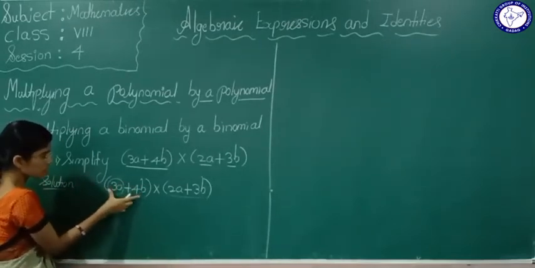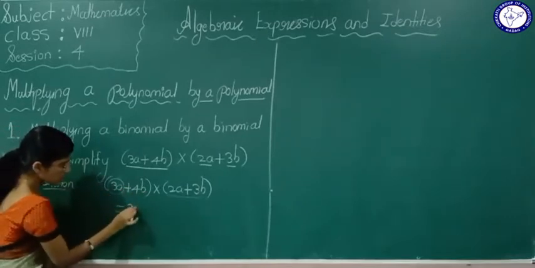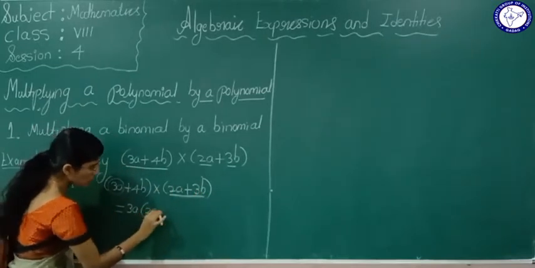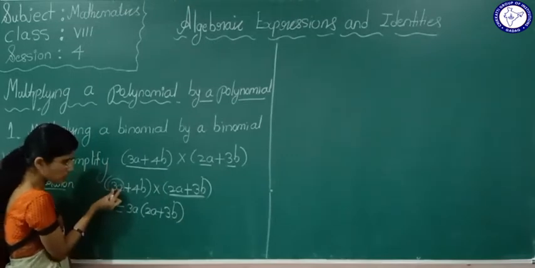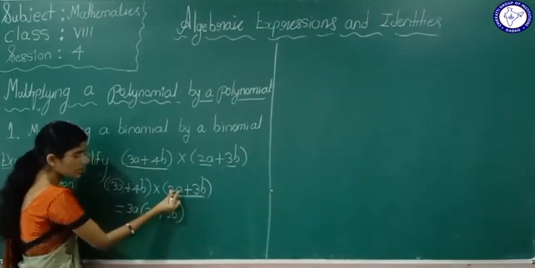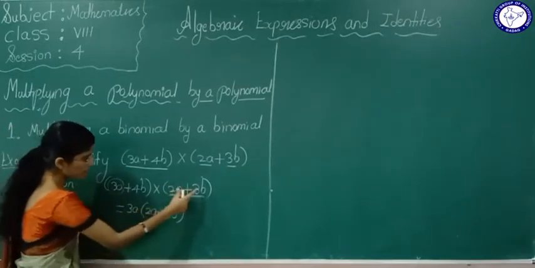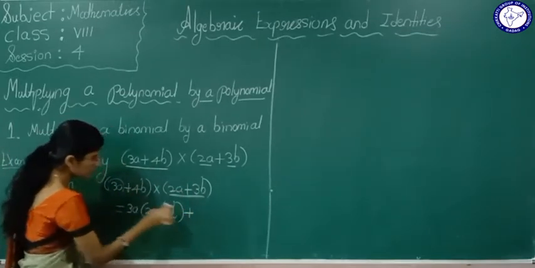Now this is one binomial, right? Here 3a is one term. This 3a I am multiplying with this, that is 2a plus 3b. Each term of the binomial you have to multiply with each term of the other binomial. Now see, 3a multiplied by 2a plus 3b. Plus 4b is there.